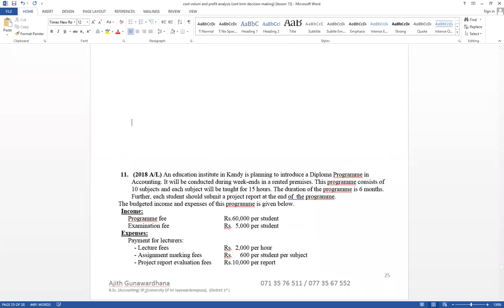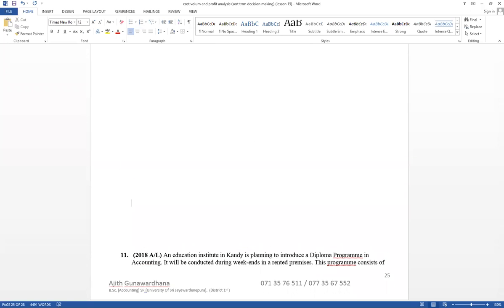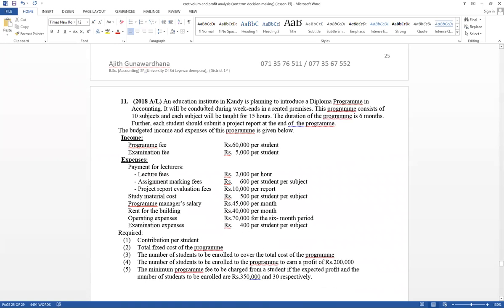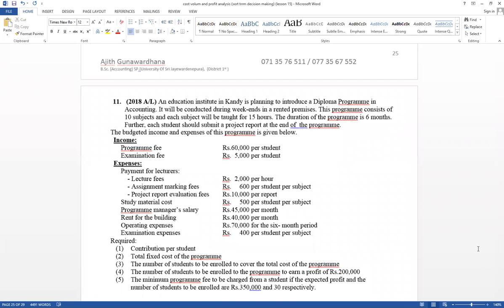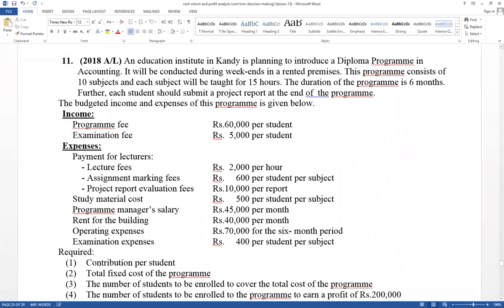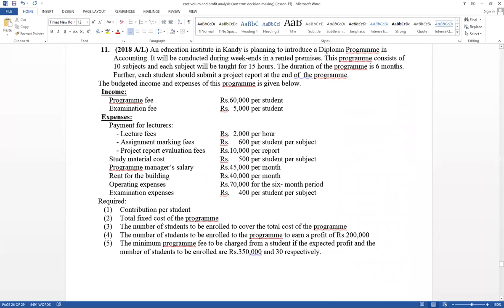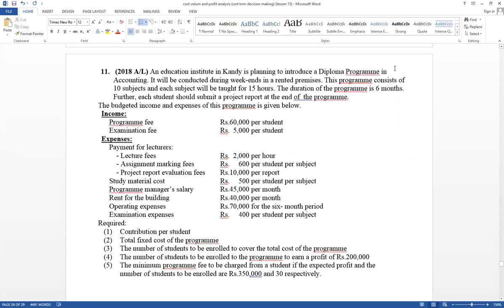Read carefully, try to recognize variable cost per unit as well as total fixed cost and selling price per unit. Those are the important areas, 20 marks. First one, read carefully, try to recognize variable cost per unit and total fixed cost as well as selling price per unit.